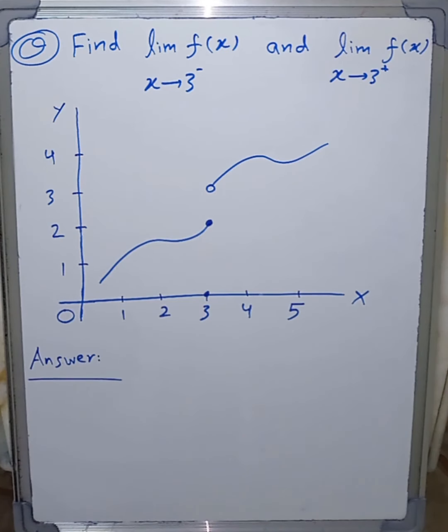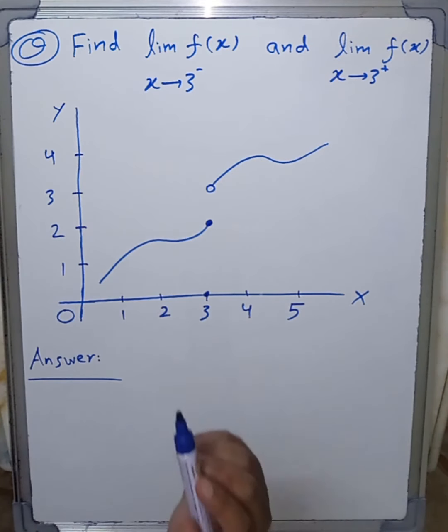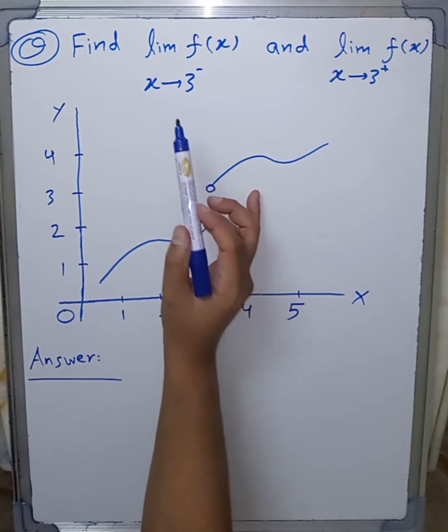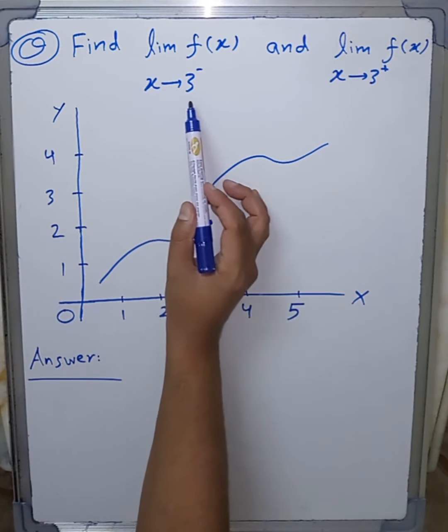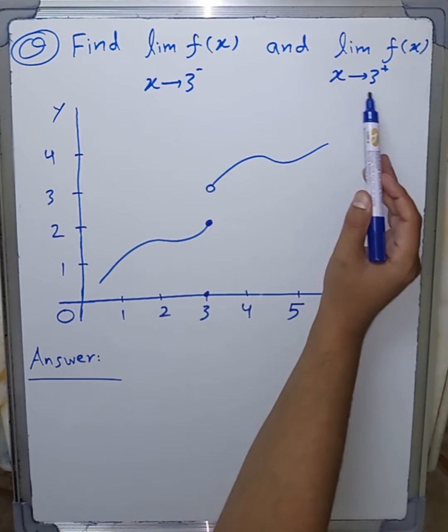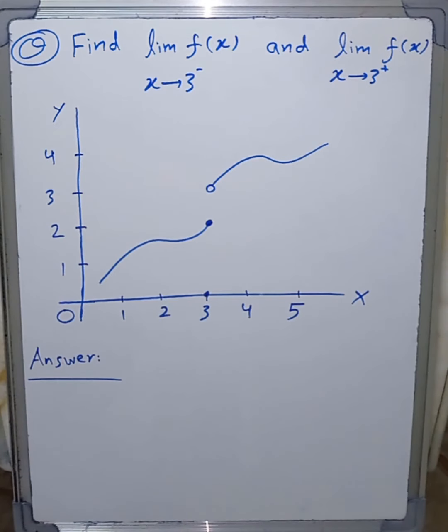Let us try to answer this question. First, let us observe the graph properly. The first thing we have to see is at what point we are testing the limit. So we are testing the limit at 3. We have to see what is happening at the left side of 3 and what is happening at the right side of 3.